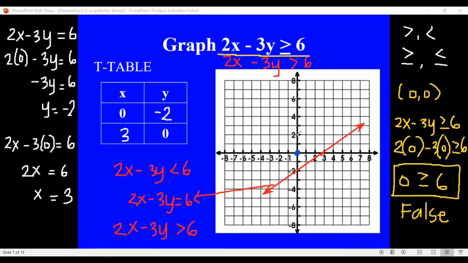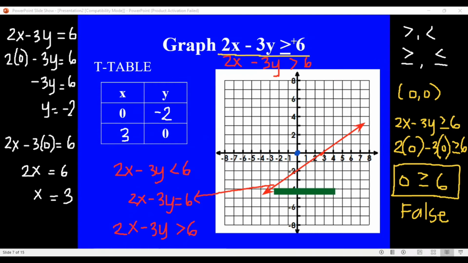That simply means that the solution for this problem are these parts. Okay, so if you are going to shade that part, it will be all the points that we have here.